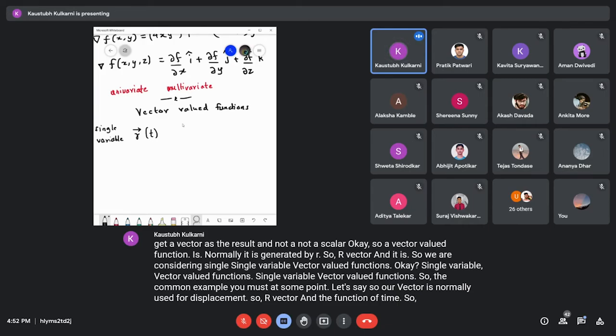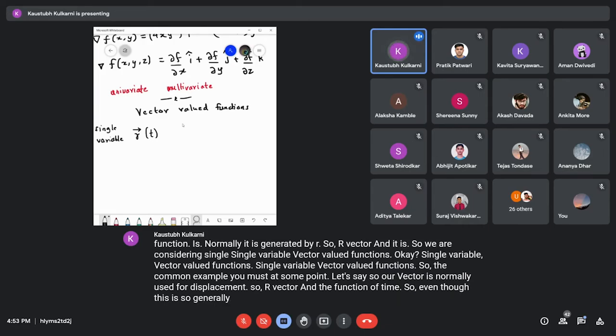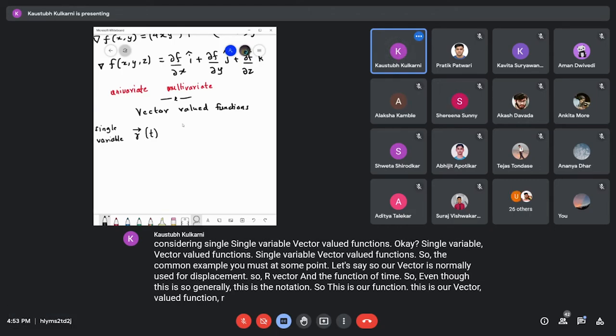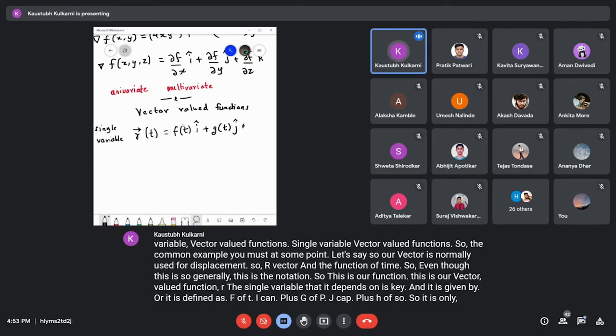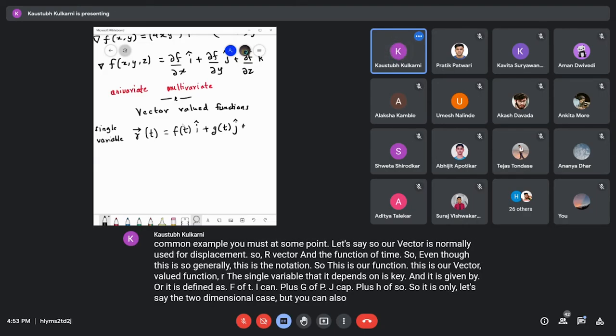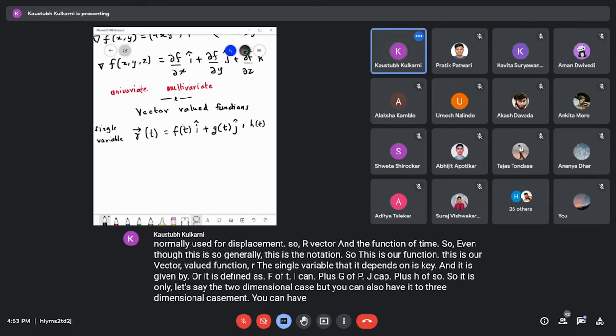Generally this is the notation. This is our vector valued function r. The single variable that it depends on is t, and it is defined as f of t i cap plus g of t j cap. Let's say it is the two-dimensional case, but you can also have a three-dimensional case where you can have h of t k cap.